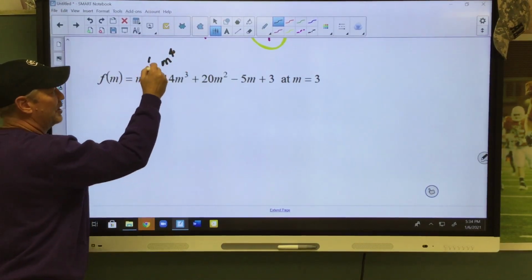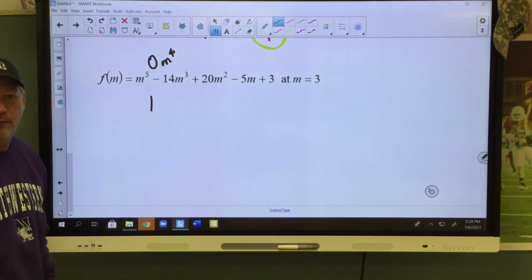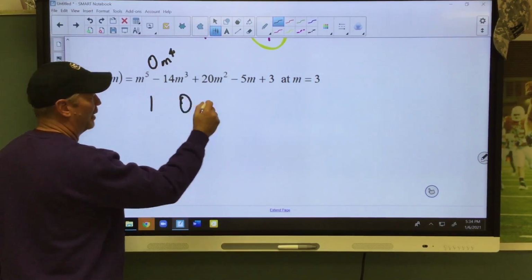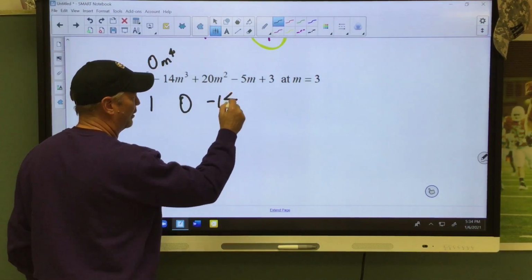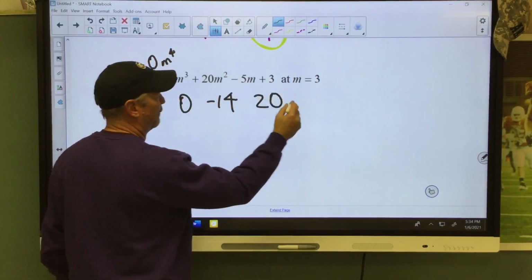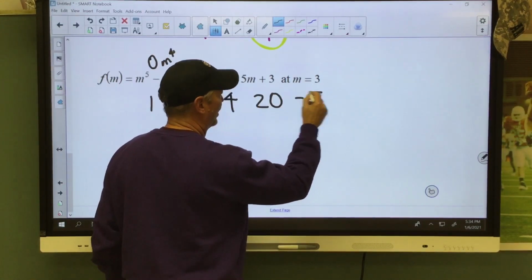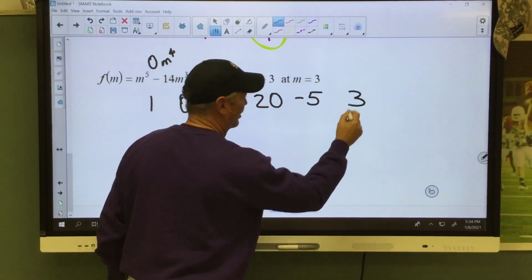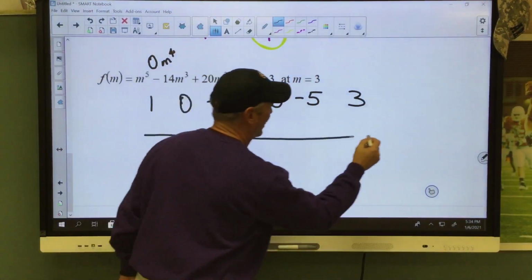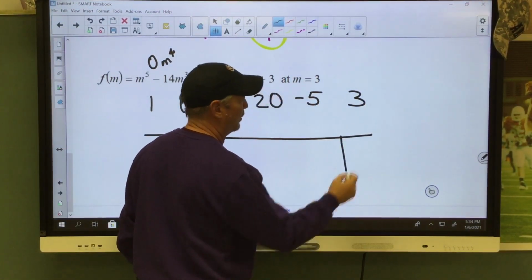So we need to put a 0 because we're missing our m to the 4th. So we go 1, 0, negative 14, 20, negative 5, and 3. Draw a line. There's your remainder.